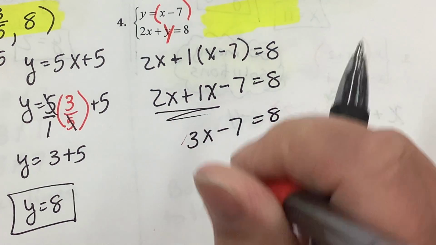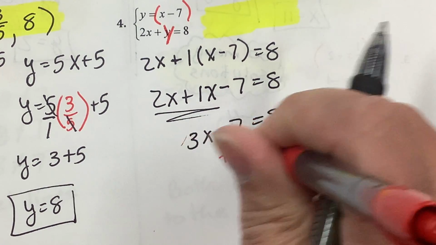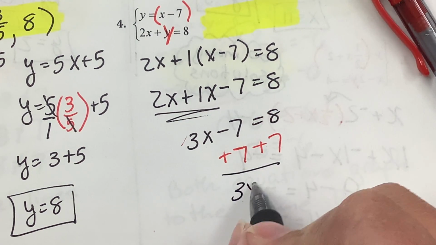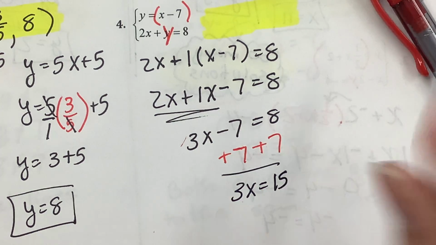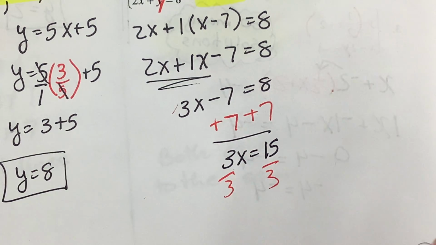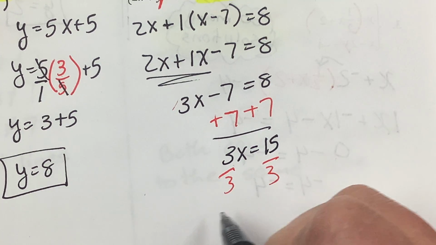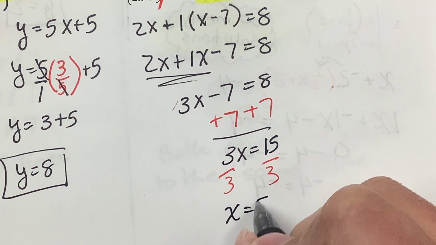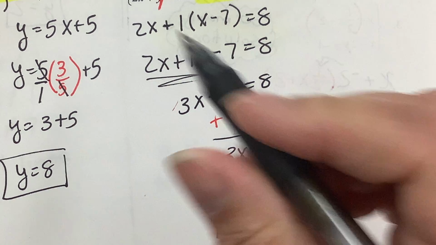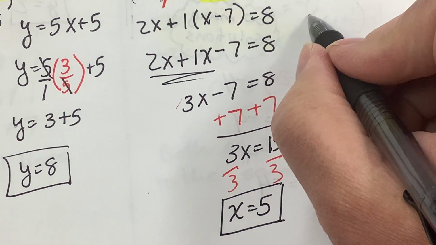I'm going to add 7 to both sides. Come on, Bono, add 7 to both sides. 3x equals 15. Divide both sides by 3, and x equals 5. Okay, now I have to substitute that back up into the equation.